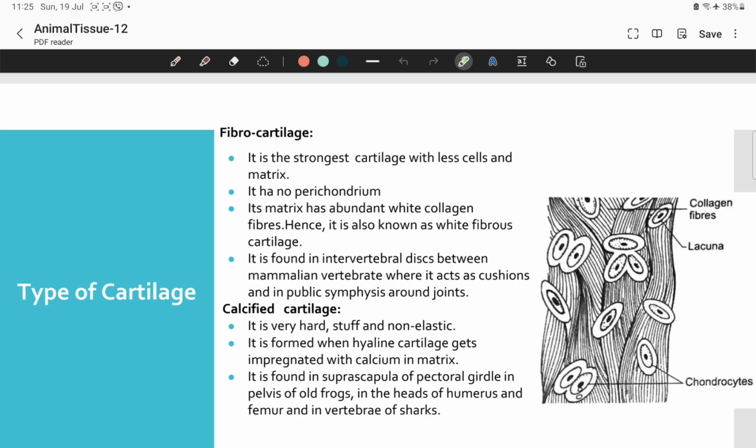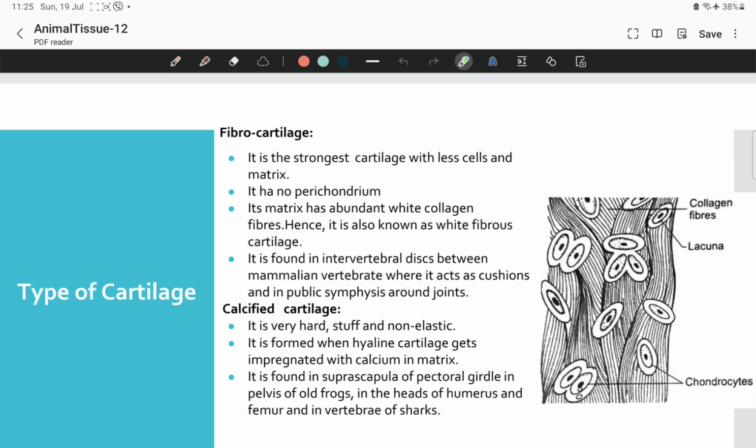Because of more collagen fiber, it looks white in color. That's why it is also known as white fibrous cartilage. Before, if you remember, the elastic cartilage was known as yellow fibrous cartilage because of the presence of elastin fibers, which are yellow in color, and fibrocartilage has more collagen fiber, which is white in color. That's why it is called white fibrous cartilage.